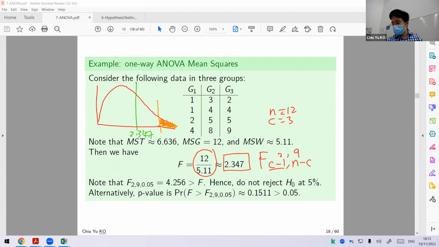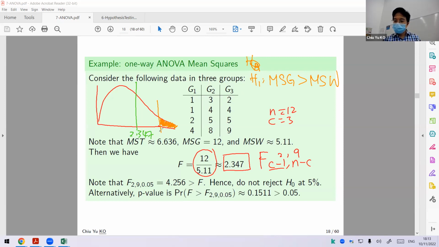So you only reject on the right-hand side. The alternative, H1, is that MSG is greater than MSW.